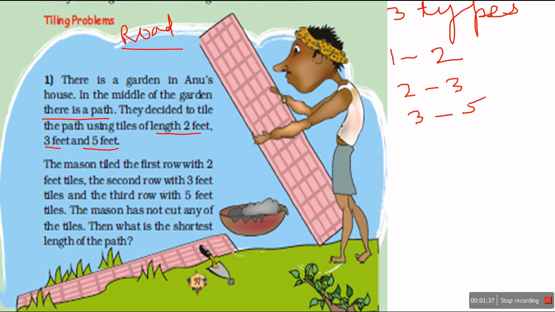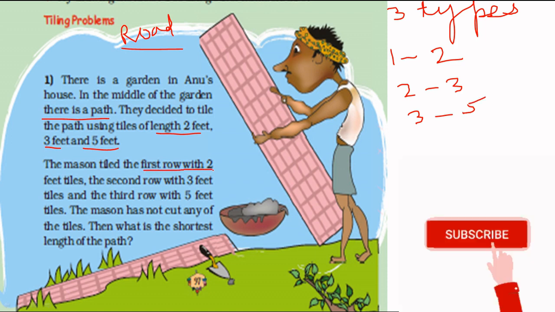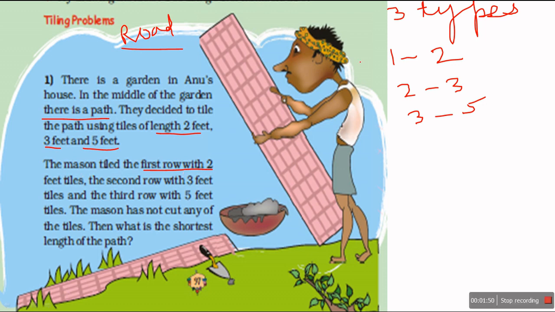In the first row, the mason, who is the mistri, tiled the first row with 2 feet tiles. In the second row, 3 feet. Third row, 5 feet. In this way, the mason has tiled the area without cutting any tile.